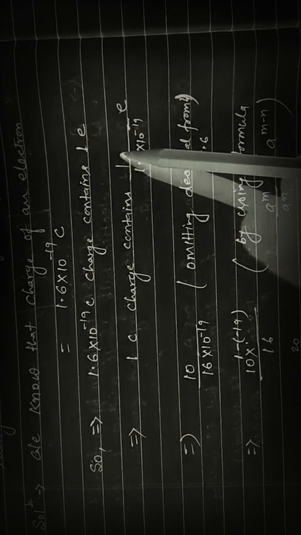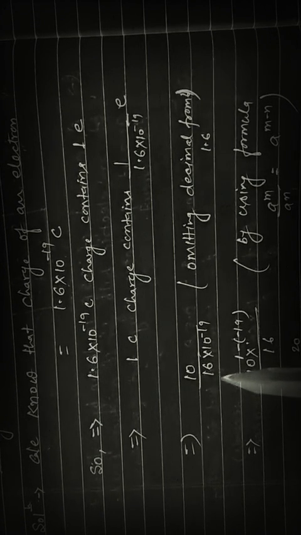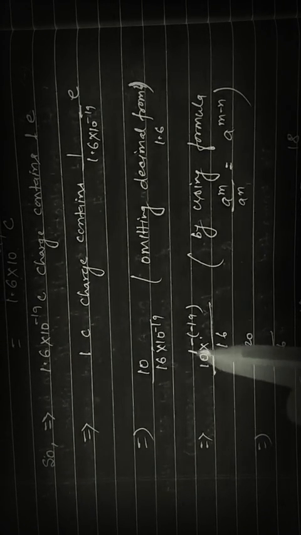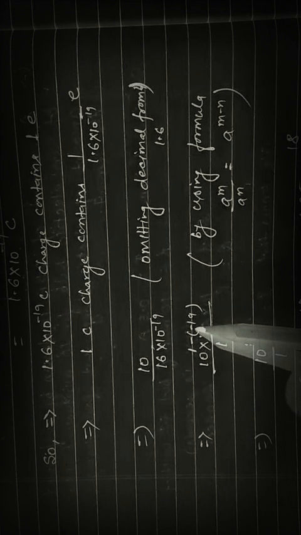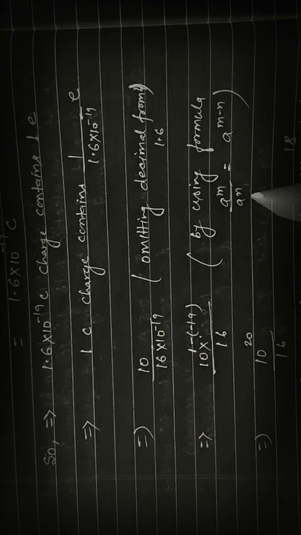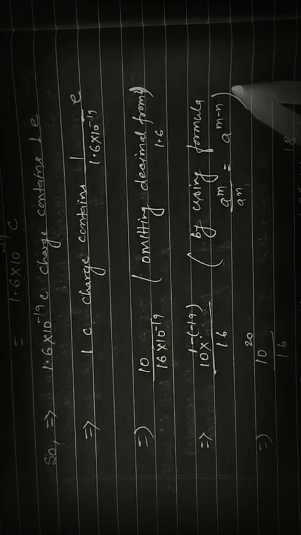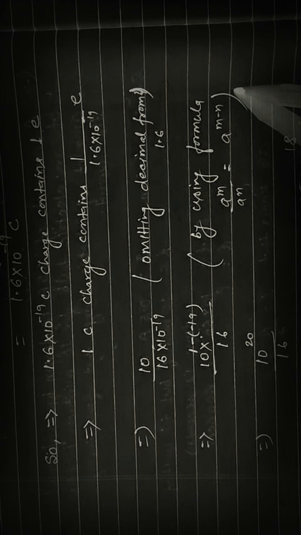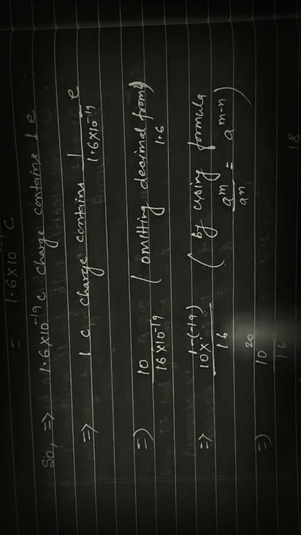The decimal can be omitted, so a 0 will come over here, and it will become 10 by 16 into 10 to the power minus 19. Now it can be written as 10 to the power 1 is already there, minus of minus 19, so 10 to the power 20. How? Because we know that a to the power m divided by a to the power n equals a to the power m minus n, which you might have studied in class 9 or 8. So it will be like this.